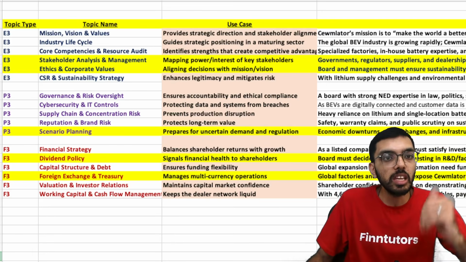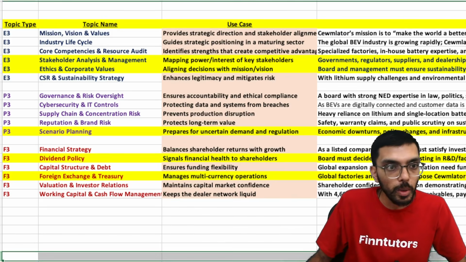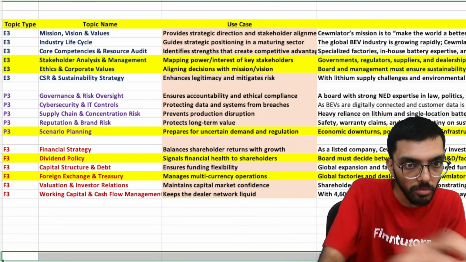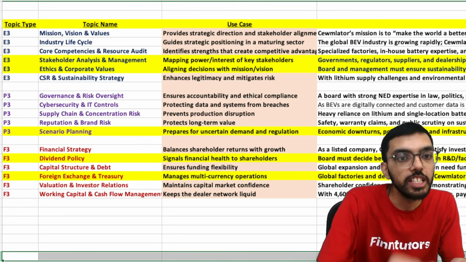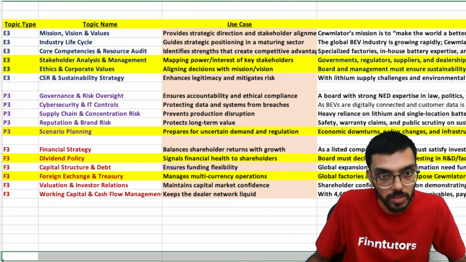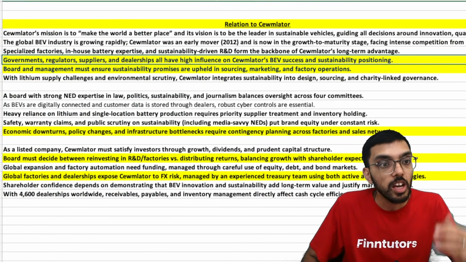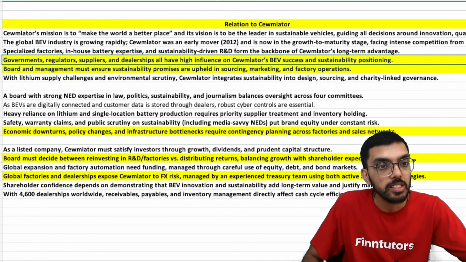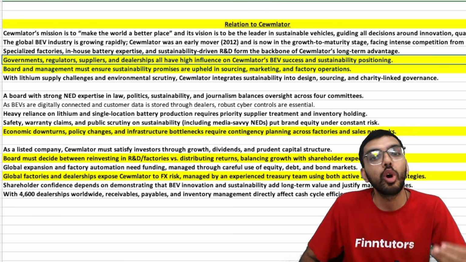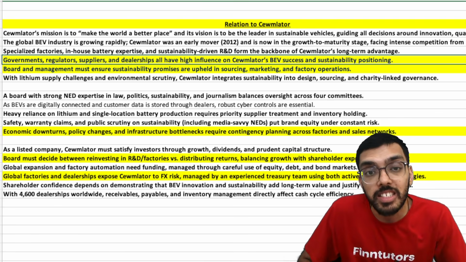You'll see for E3, for example, we picked up stakeholder analysis as an important topic. Then I'll tell you how it's used. It's used for mapping the power and the interests of key stakeholders. In this case, governments, regulators, suppliers, dealerships all have high influence on the company and sustainability positioning.